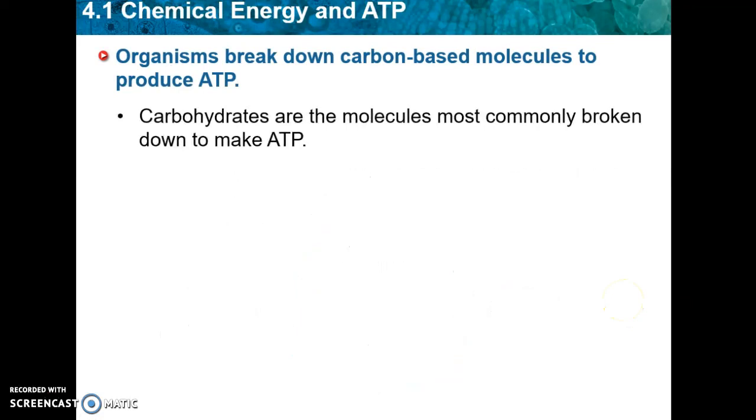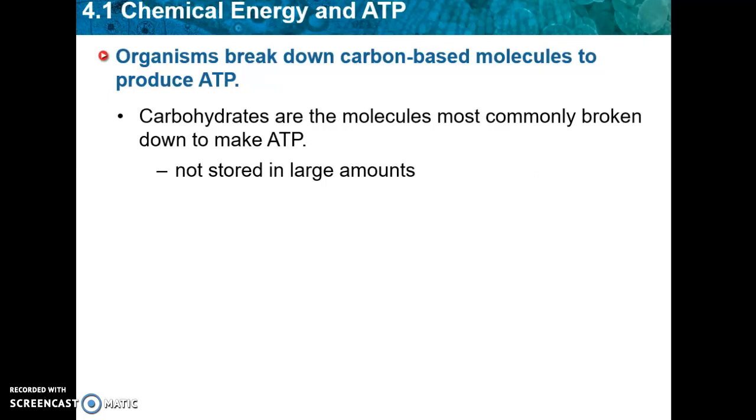All right, so organisms are going to break down carbon-based molecules to produce ATP. All organisms are going to need to break down things that are carbon-based, made of carbon, to produce this ATP to keep the cell moving, to keep things functioning. Carbohydrates are the molecules most commonly broken down to make this ATP.